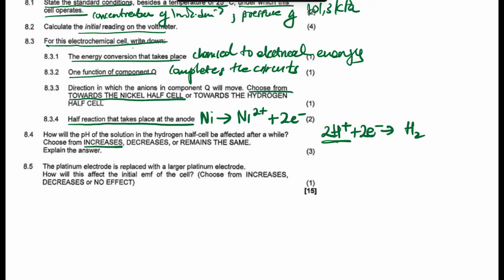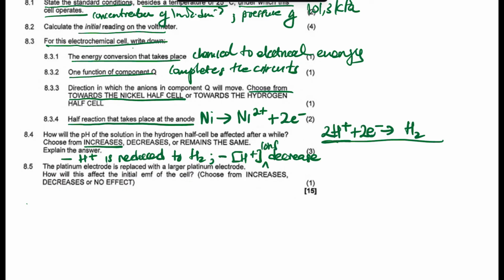Why? In 8.4, what I'm going to say is that hydrogen ions are reduced to hydrogen gas, as you can see from the half cell. And the second point is that the concentration of H plus decreases because it's reduced.